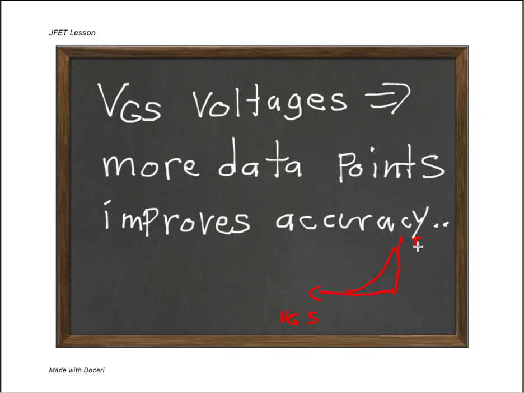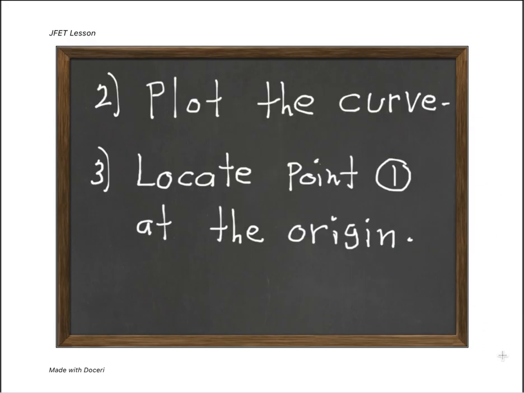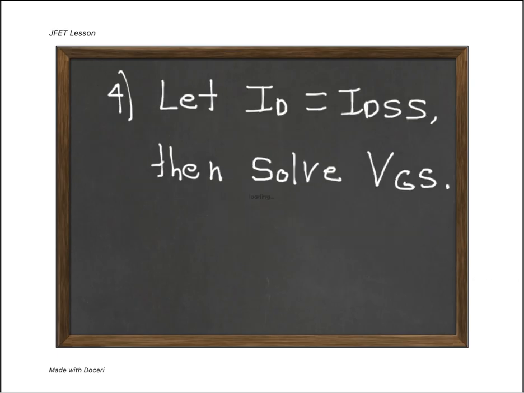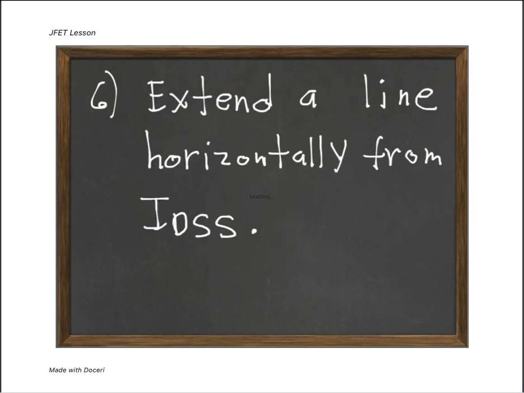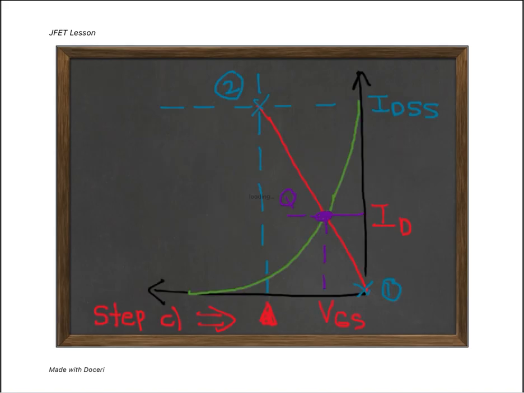Okay, and this is the drain current. Okay, plot the curve. 0.1 is at the origin. Let the current be a maximum. Solve for the gate to source voltage. Right, and then plot it. Just go back to the graph, and then read the Q point from there.